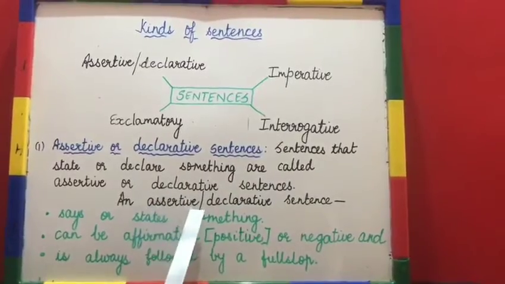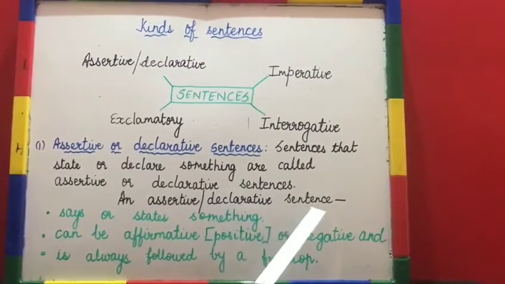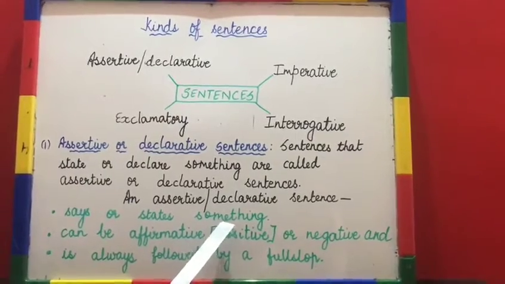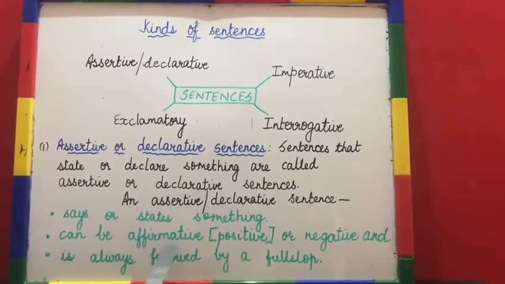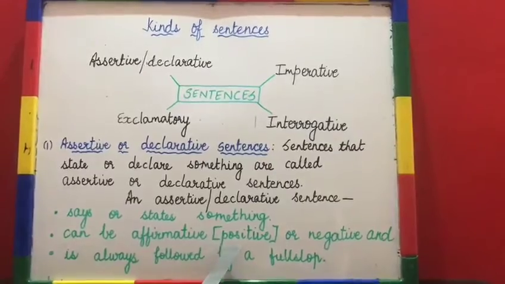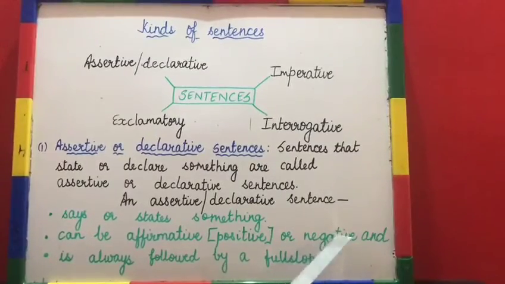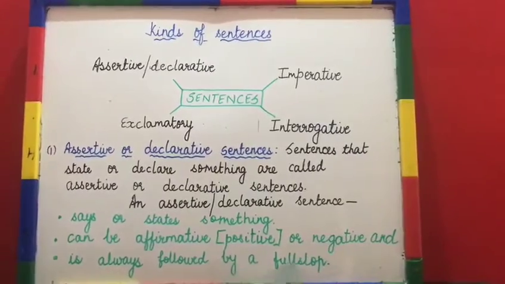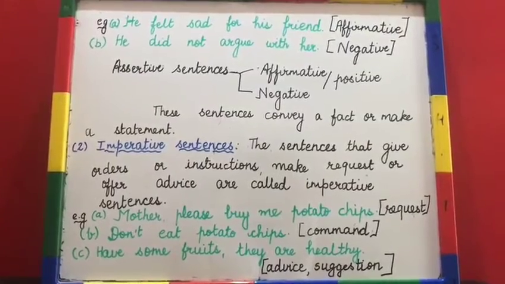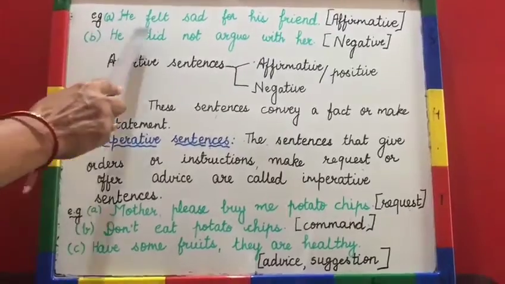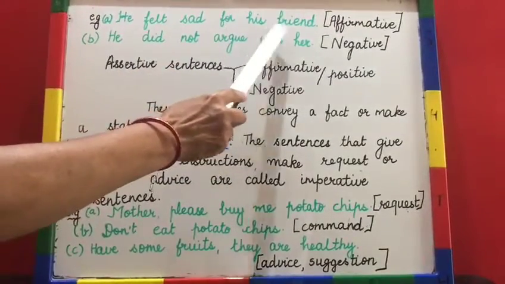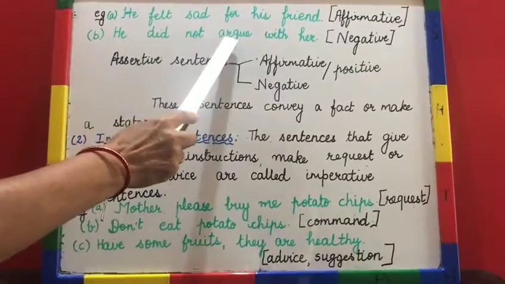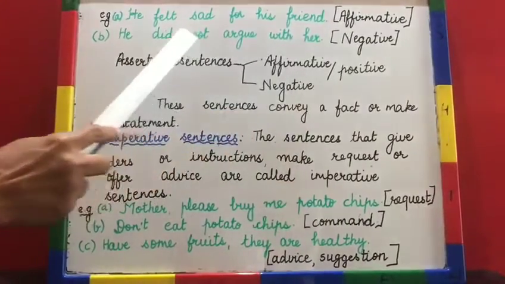An assertive or declarative sentence says or states something, can be either affirmative, that is positive, or negative, and is always followed by a full stop. Now let us see the examples. He felt sad for his friend. He did not argue with her.